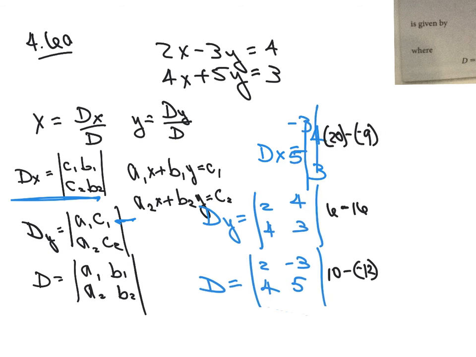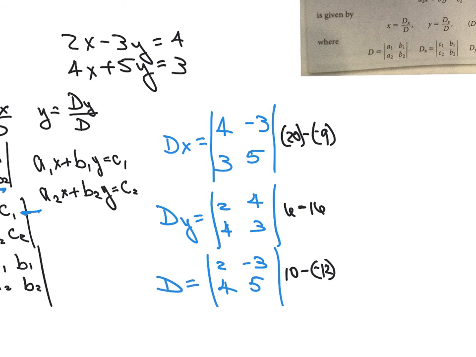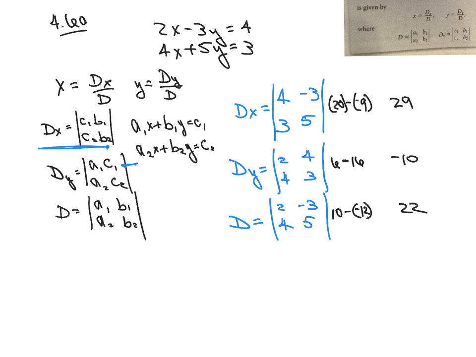Okay, so we're going to figure out what we have there in the black. And we've got 20 plus 9, 6 minus 16, and 10 plus 12. So at this point, our Dx is right here, our Dy is here, and our D is here.